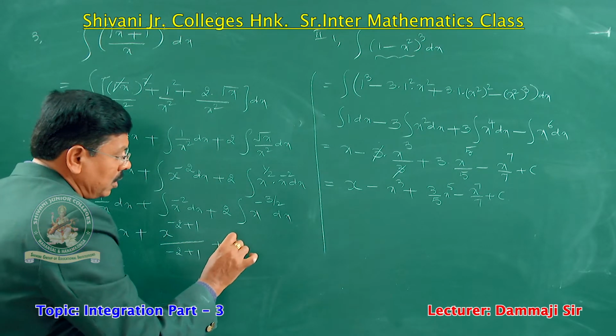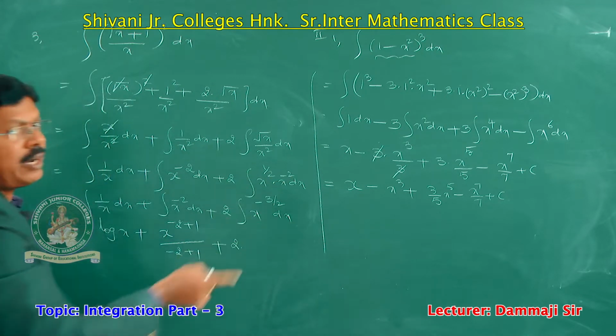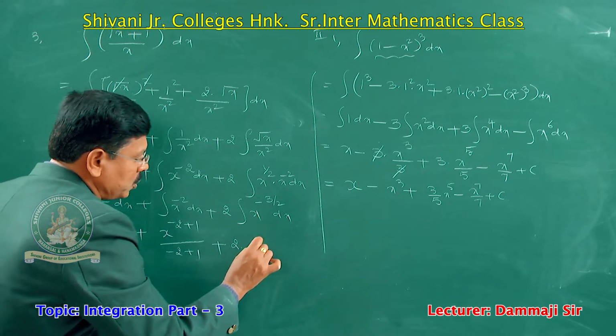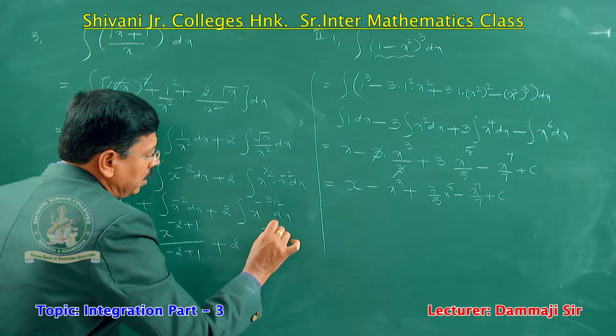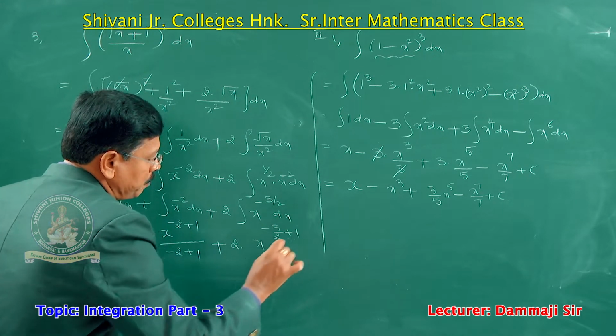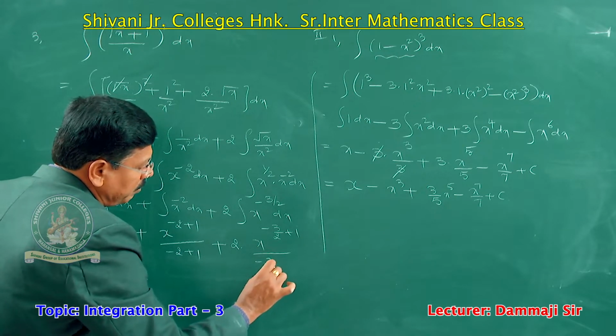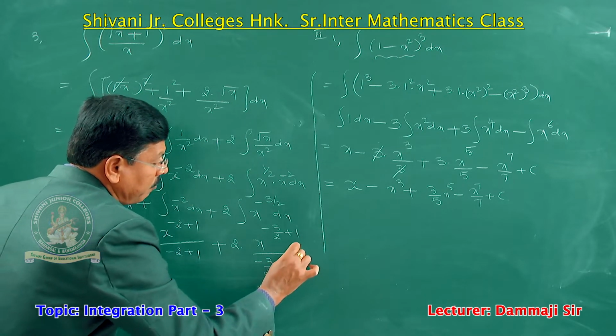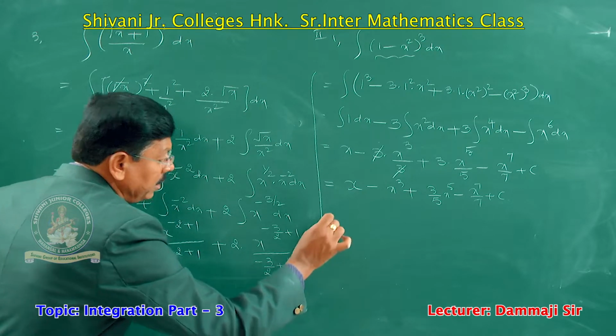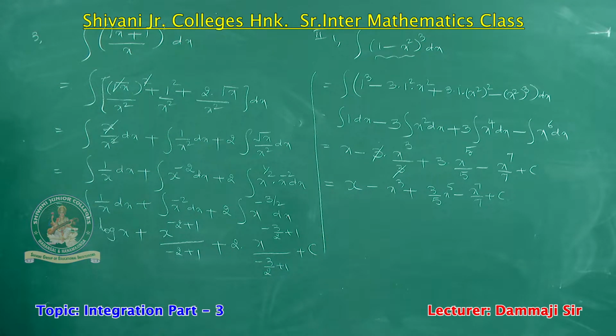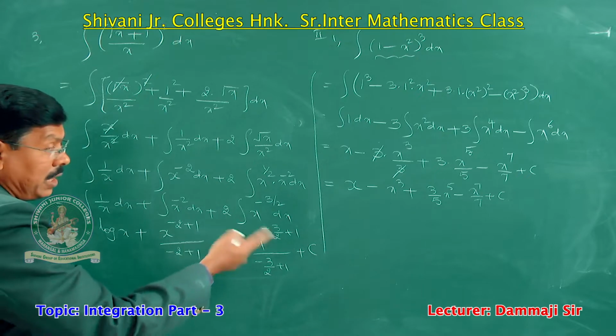The third term also has the same formula: x power minus 3 by 2 plus 1 by minus 3 by 2 plus 1. After completion, put in the constant of integration. Okay, that is enough. Then what next?